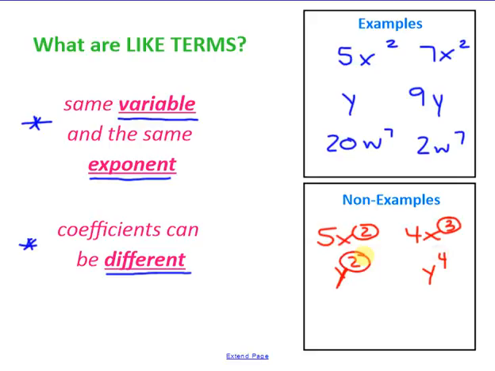Again, the exponents are different here, and so those are not like terms. Another non-example would be 17w to the 4th power and 9x to the 4th power. Here we have the same exponent, but our variables are different, and so that would not work either.